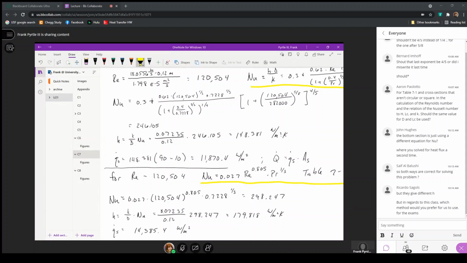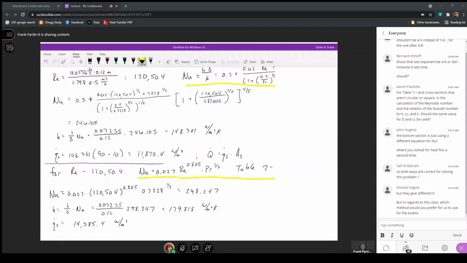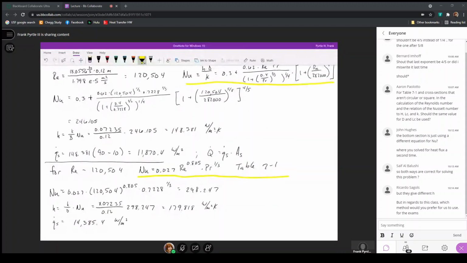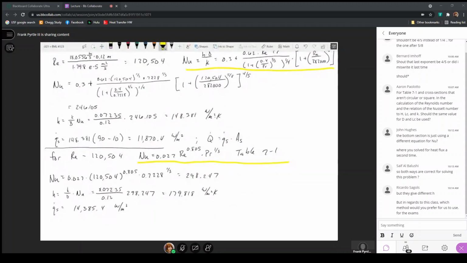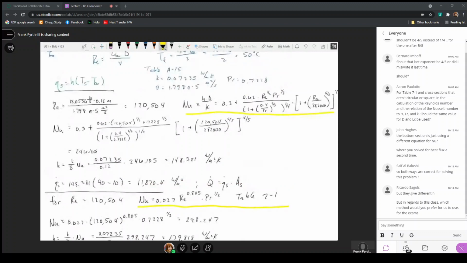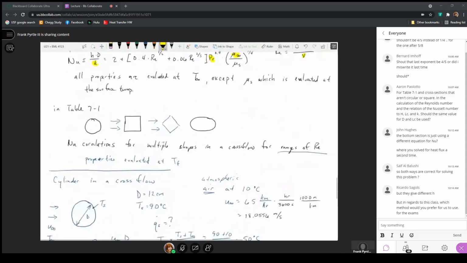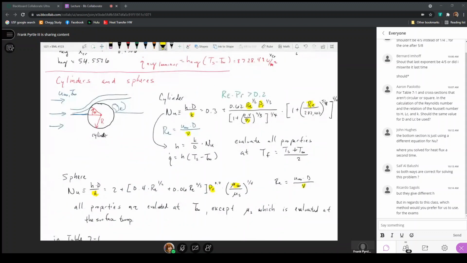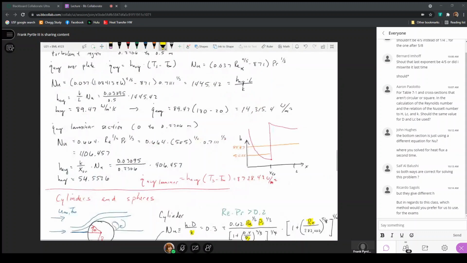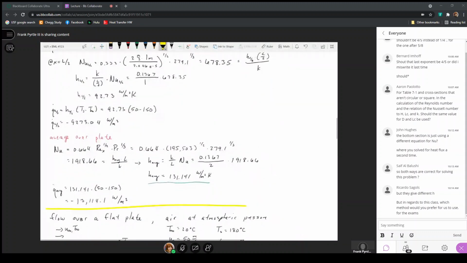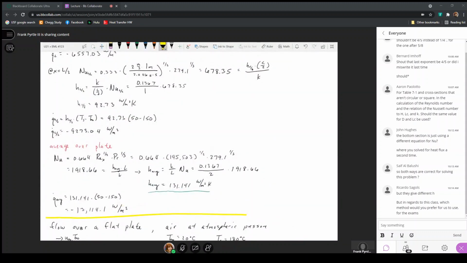So here, whenever you're selecting a correlation, again, that is to eventually get a value for a heat transfer coefficient. Whether it's a Nusselt number calculation here for a cylinder or a sphere, which involves a Reynolds and Prandtl number, or for flow over a flat plate, the Nusselt number is a function of the Reynolds and Prandtl number.